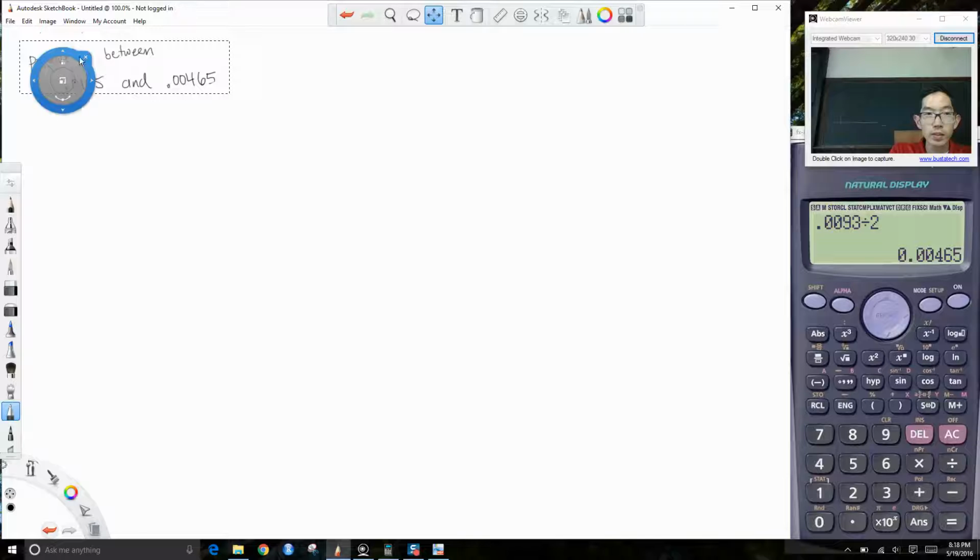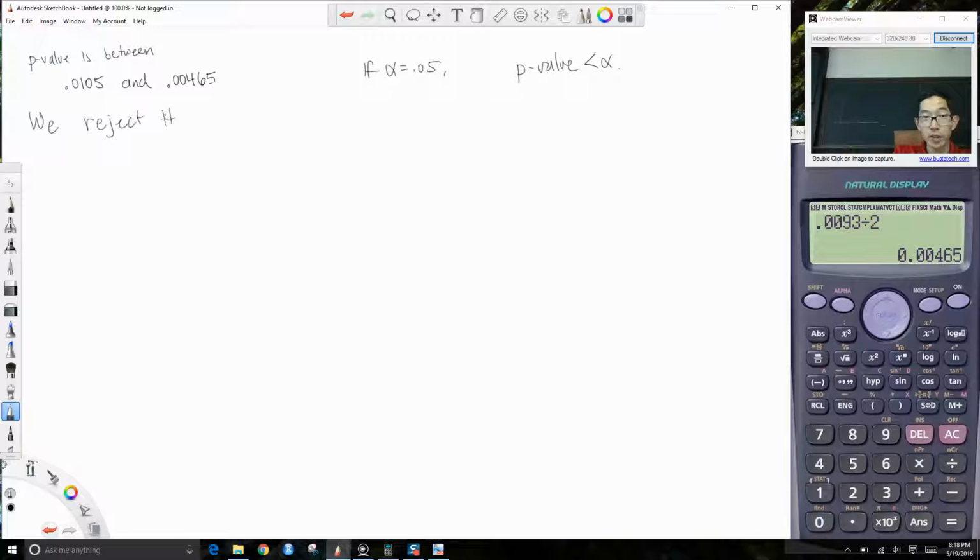Okay, so we would say, let's say alpha is 0.05, our p-value is less than alpha. So we would say we reject the null hypothesis.